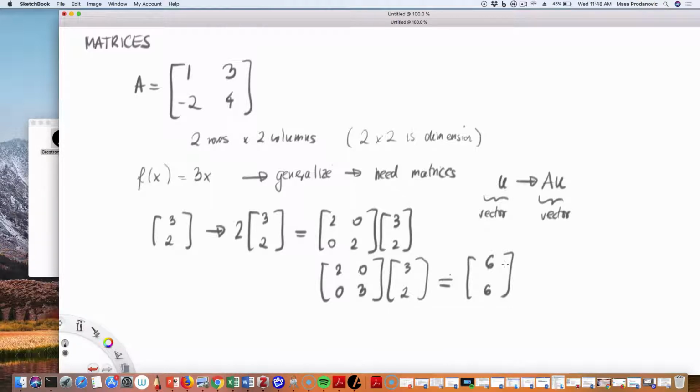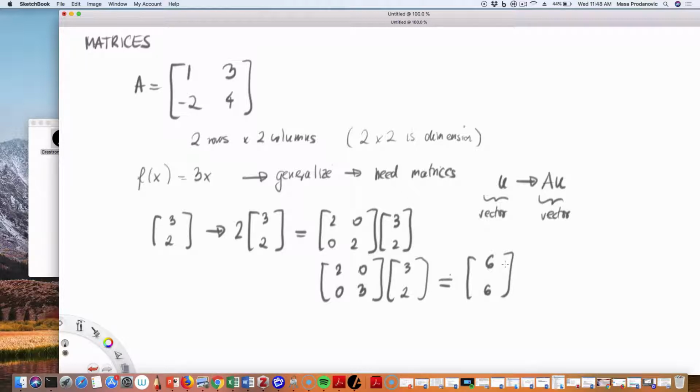And for that I need a matrix. I cannot do it with one single scalar because I'm not doing the same thing in every dimension. So the moment I want to do something more complicated than just stretching everything the same way, I have to use matrices. So here we are actually going to motivate multiplication now.